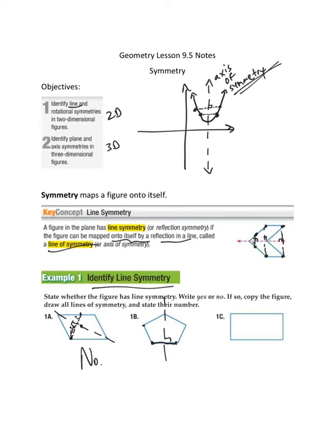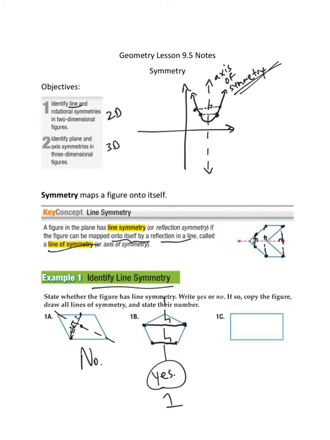That's going to be true here as well. Those distances are the same. That segment's perpendicular. So that works for any point here. So yes, it has line symmetry. We'll state the number. Well, there's one. There are no diagonals or anything we could draw that would provide line symmetry.